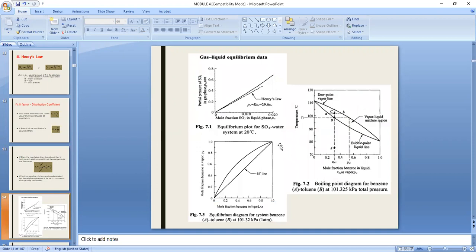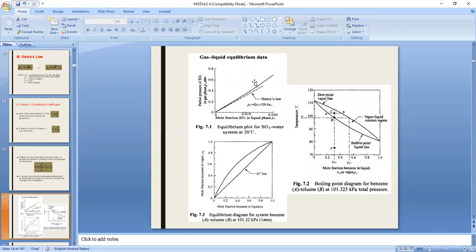So this one is X or Y in terms of temperature. This is used in distillation. This is XA in terms of YA, also used in distillation. And this one is liquid, so XA, and partial pressure. So this is used in gas absorption.